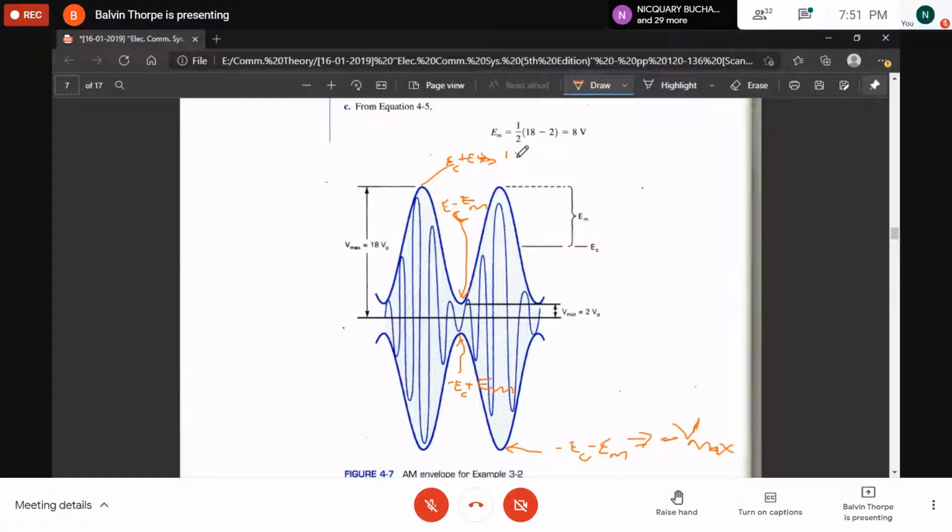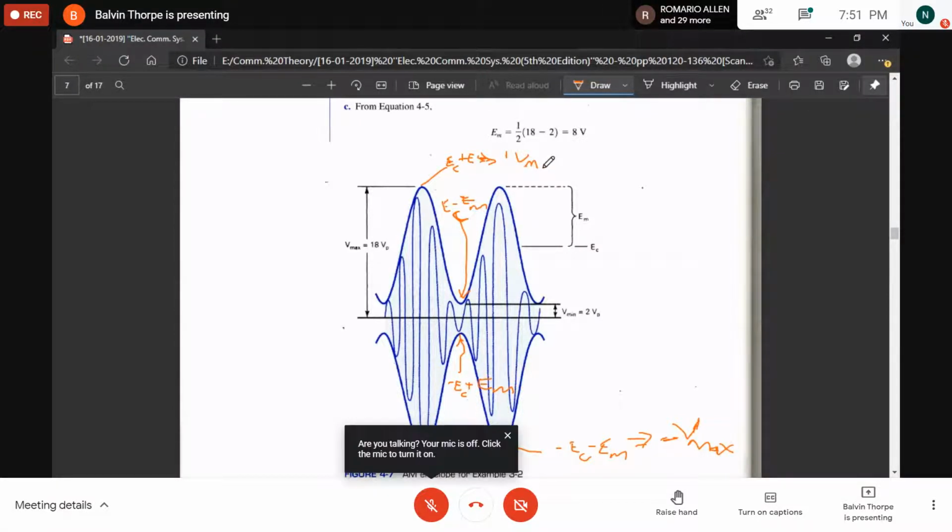Positive only because it's on the plus side of the wave. There's positive V max. Here is negative V max.